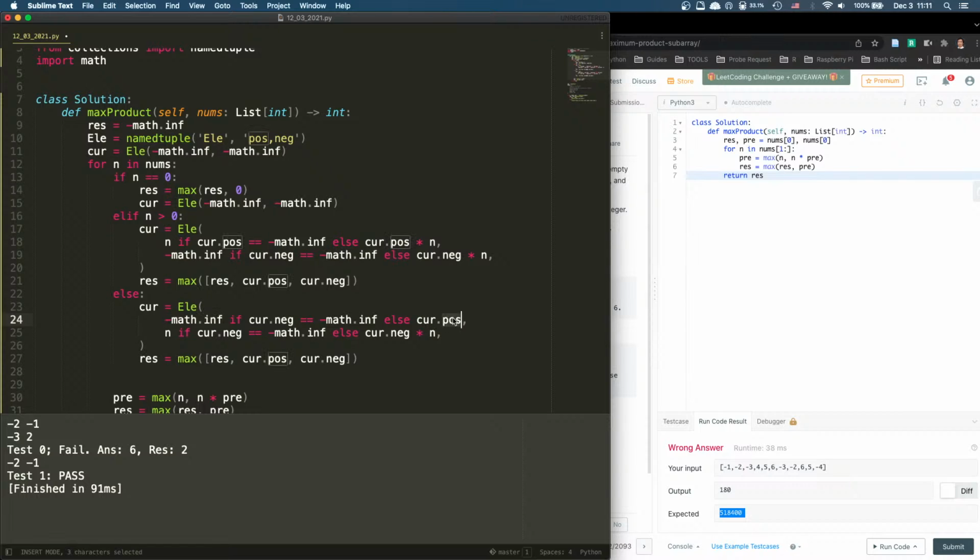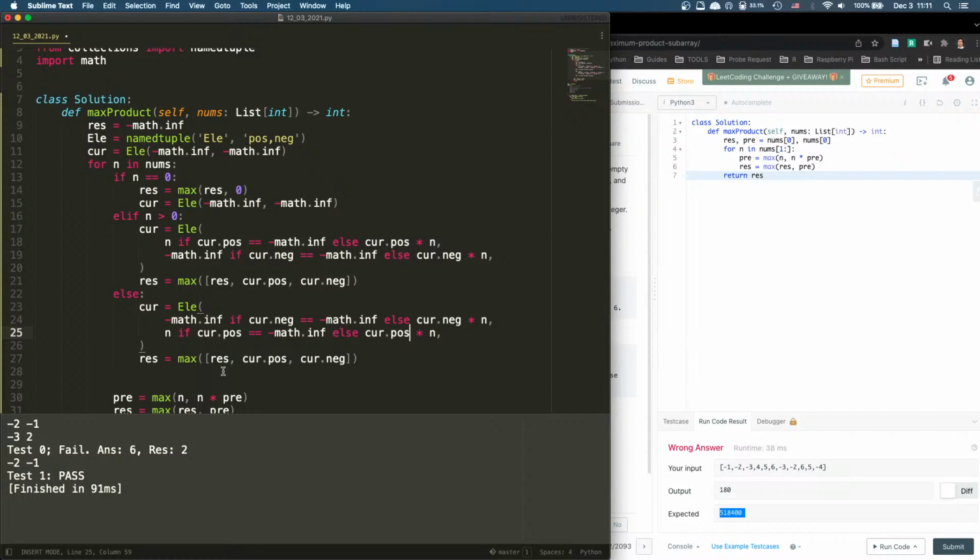Otherwise, I can do current.neg times n. That's a positive value. Else, I'm going to say the positive. If the positive is nothing, then it's going to be myself. Otherwise, if the positive is positive, then it's going to be positive multiplied by n. Right? And we do this, and we do the rest again.